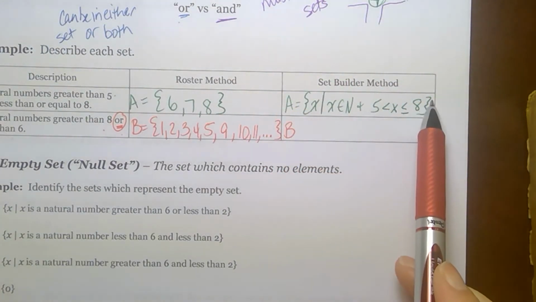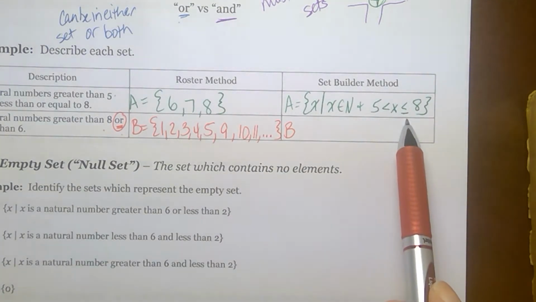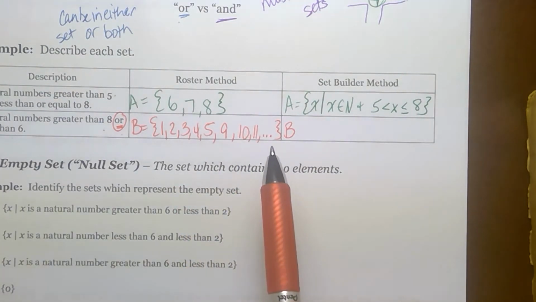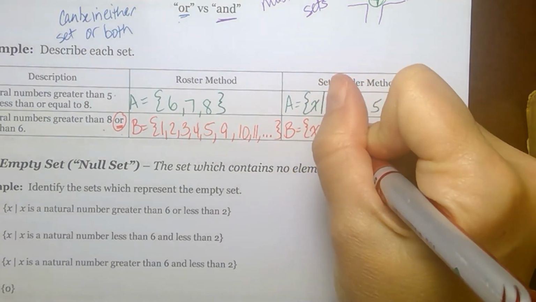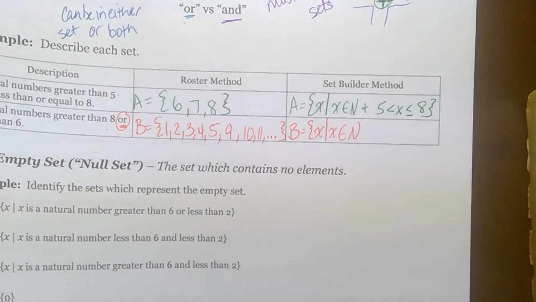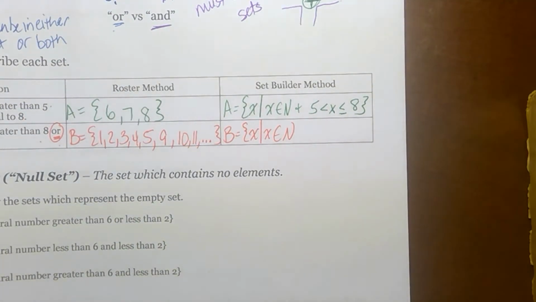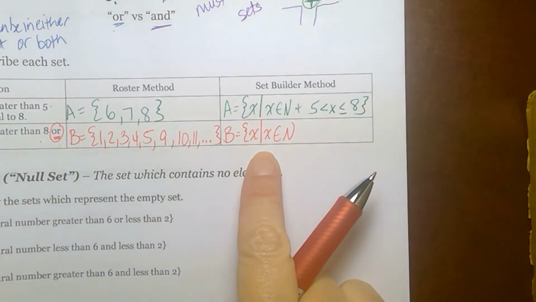So this is a little more interesting when we come over here and do my set builder notation. I'm not going to use a compound inequality because I'm not looking at the middle. I've got two sets that don't intersect at all. They don't have anything in common. So for set builder notation, we've got set B is the set of all elements X such that X is an element of the natural numbers.